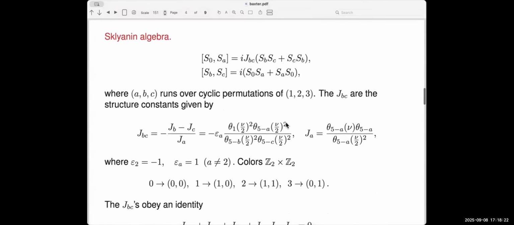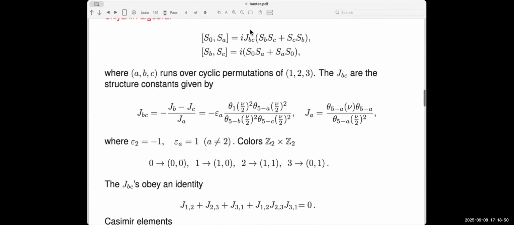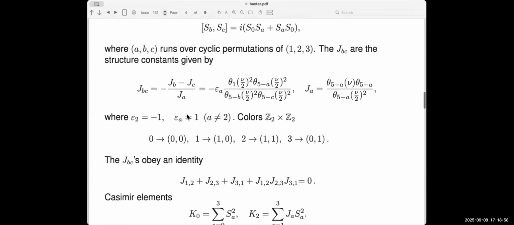So the key to the solution of our construction is the Sklyanin algebra. The Sklyanin algebra is a quadratic algebra with 4 generators, and the commutation relations are given here with structural constants J_a, b, c, which are given by theta functions.